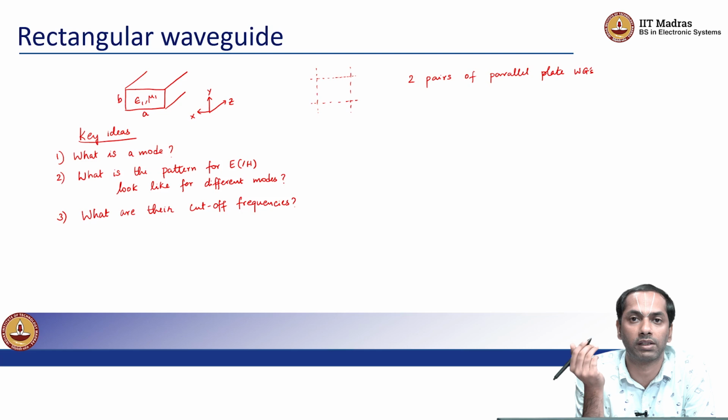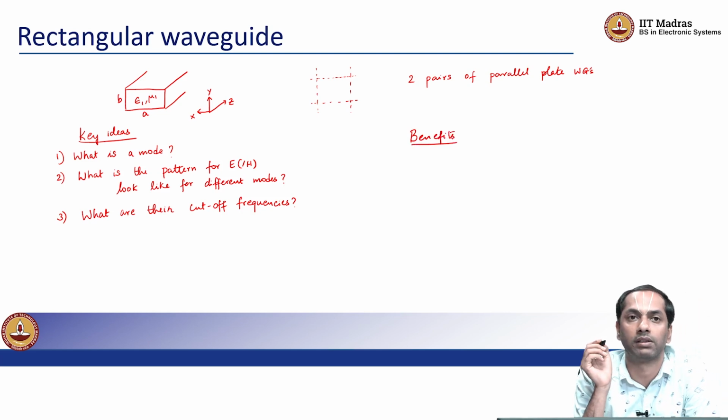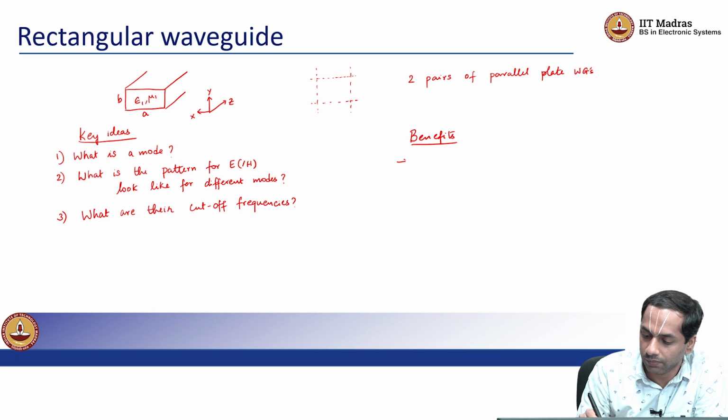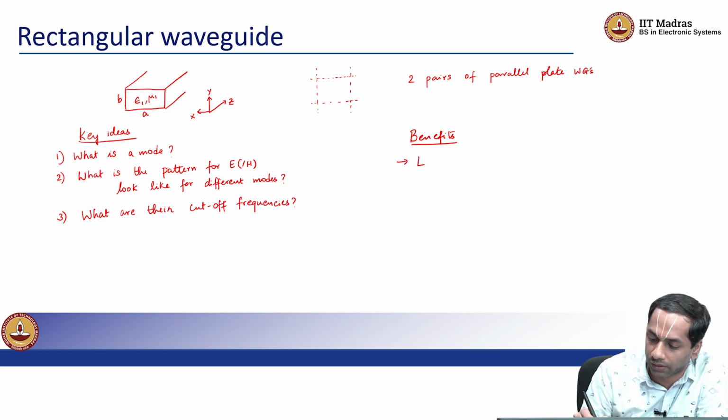Because as we understand, the waveguide only seems to be imparting something called a cutoff frequency, which limits the range of frequencies I can use it for. What are the key benefits, right? So the benefits to studying the rectangular waveguides, right, is one, it actually has lower loss.